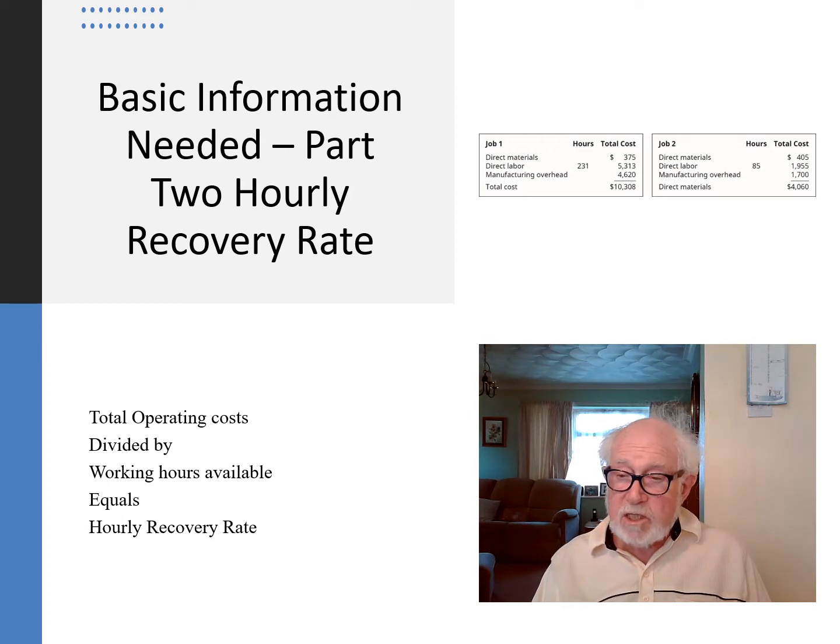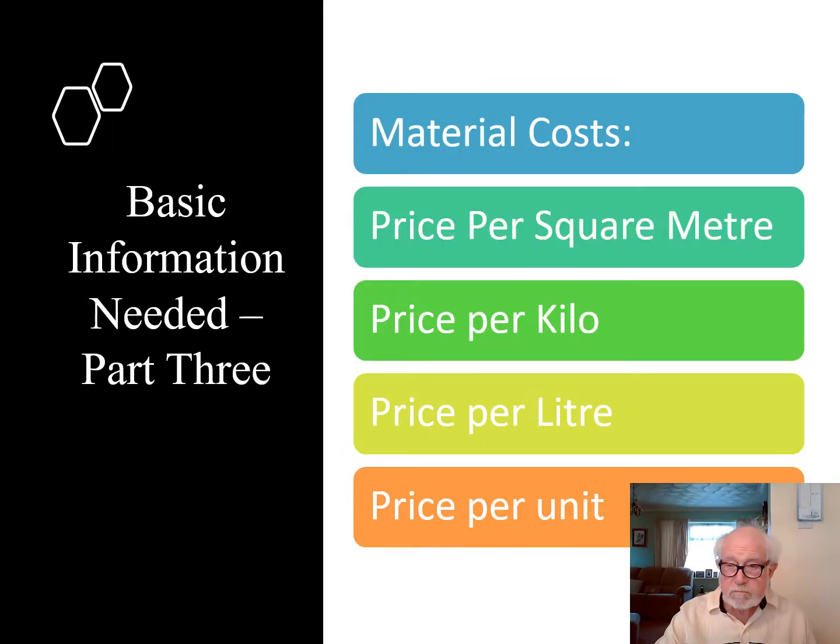He or she may then add a small amount to the hourly rate to cover any unexpected emergency expenses. Depending on the product you're making, you'll be using one of the measurements on this slide. Basic material costs are usually provided by the buying department, and the estimator has to calculate the amount used on individual components and in the finished product.